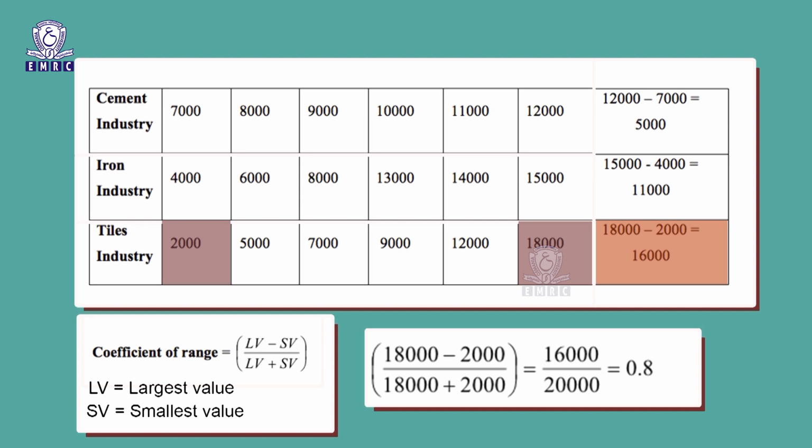So coefficient of range is equal to LV minus SV by LV plus SV, which is equal to 18,000 minus 2,000 divided by 18,000 plus 2,000, which is equal to 16,000 divided by 20,000, which is equal to 0.8. 0.8 is the coefficient of range.